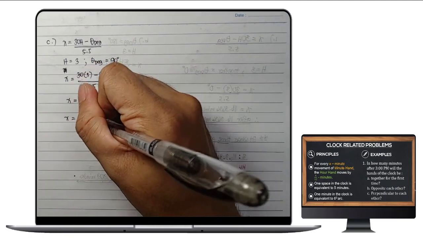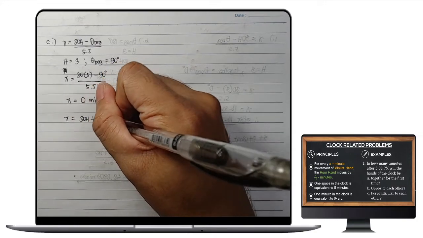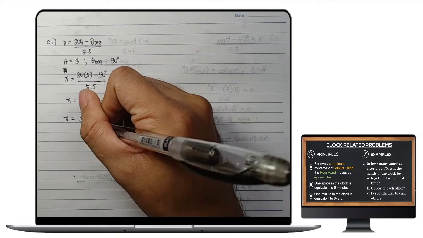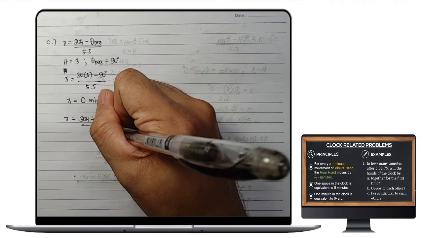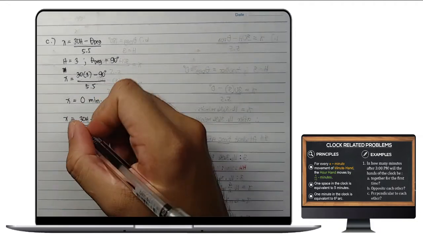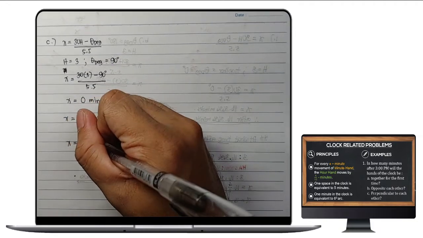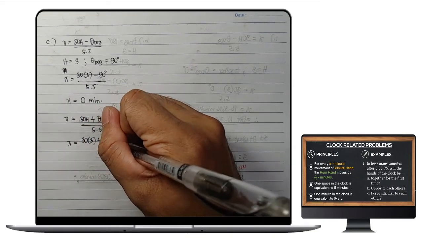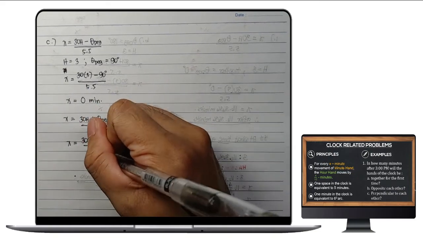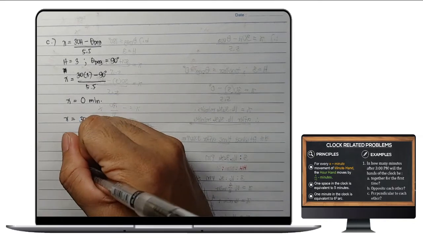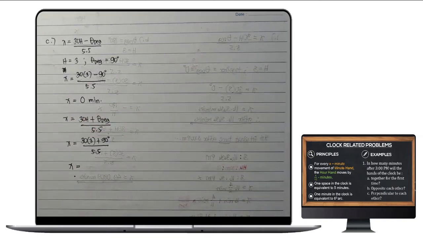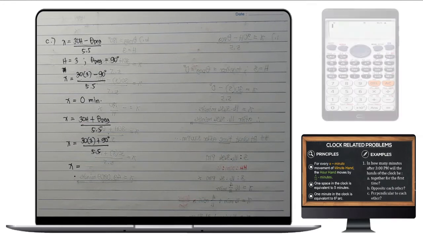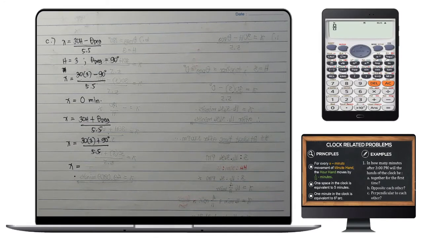So, that should be 30h plus theta in degrees divided by 5.5. So, substitute lang natin. X is equal to 30 times 3 plus 90 divided by 5.5. X natin is equal to, kuha lang tayo ng kalki ulit. So, that is 30 times 3.